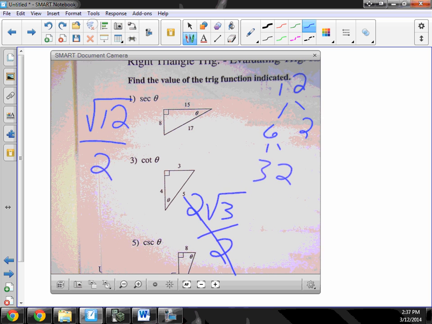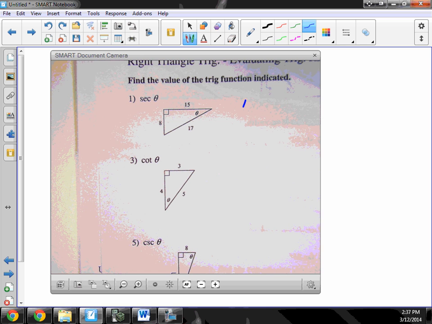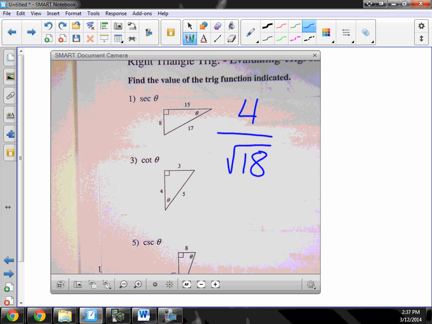The other thing is this. What if I had 4 over the square root of, let's do 18. What's wrong with that one? Anybody remember? You're not allowed to leave square roots in the denominator. Okay? So we need to change that. So I'm going to multiply by something.